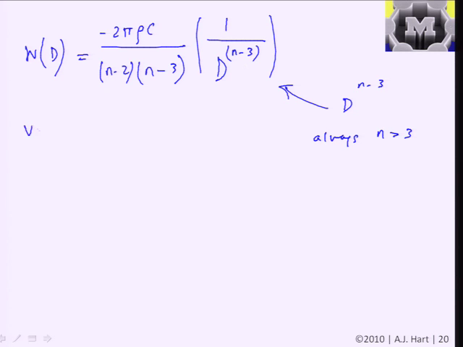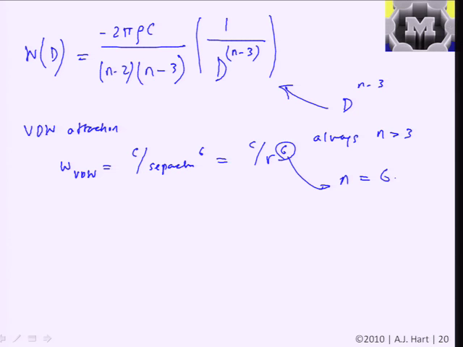So in the case of our van der Waals attraction, where we say W van der Waals is equal to some constant divided by the separation to the 6th, or c over r to the 6th, basically we have n equals 6.